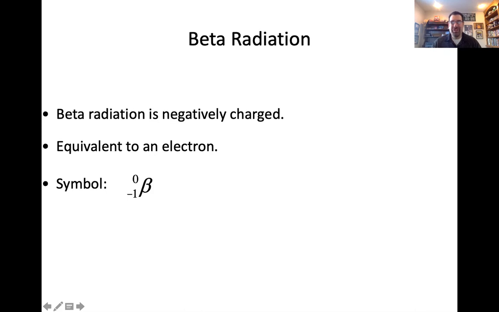Yeah, electrons aren't in the nucleus. Electrons are outside the nucleus, right? They're orbiting outside the nucleus. And so it kind of shouldn't make sense that an electron is being given off from the nucleus. So the question is, well, where'd that stinking electron come from?